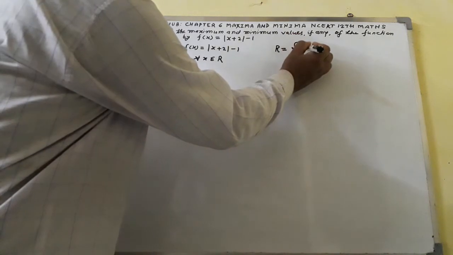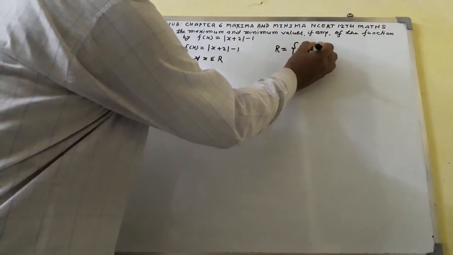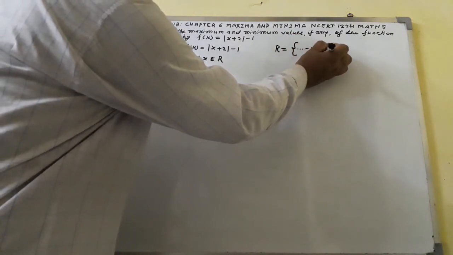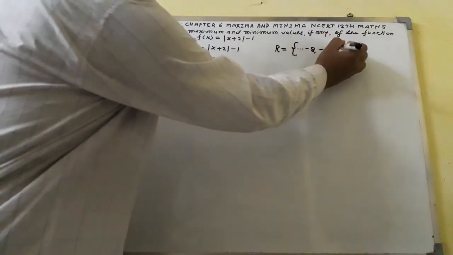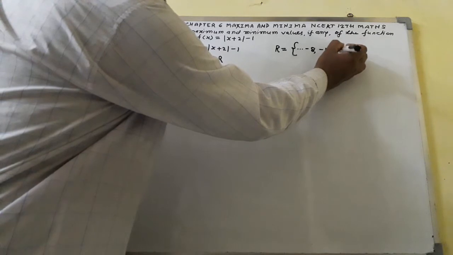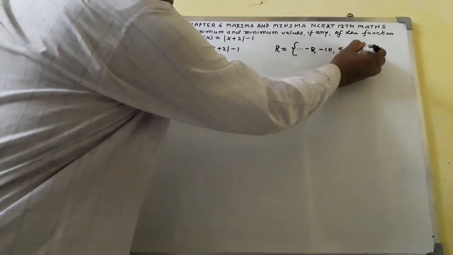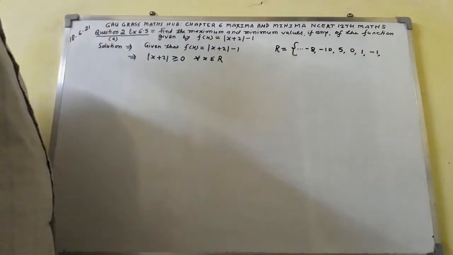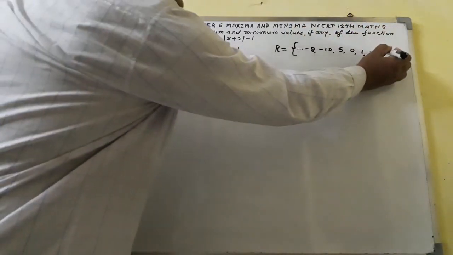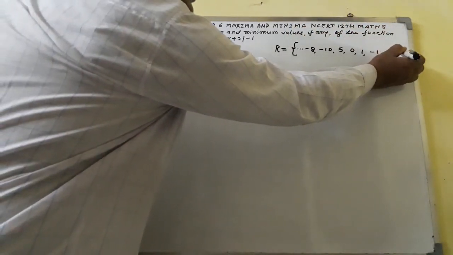So here write like minus 8, minus 10, 5, 0, 1, minus 1, minus 8, dot dot.